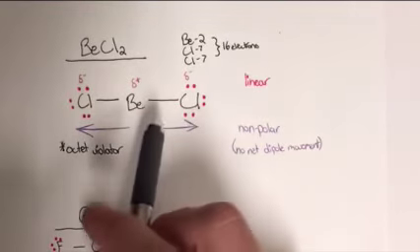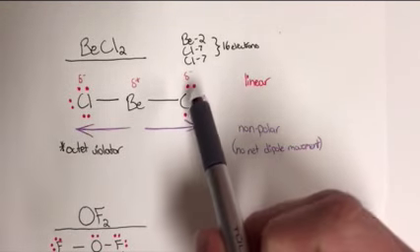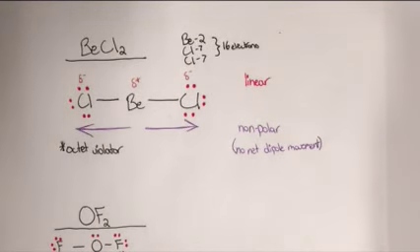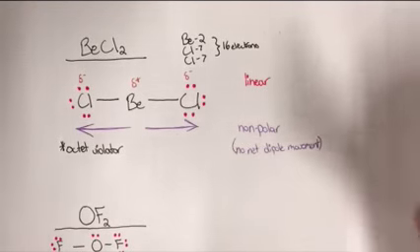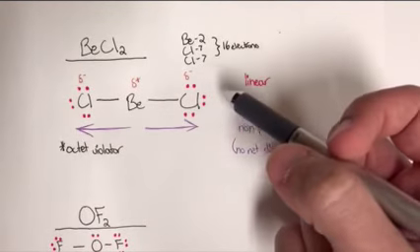So then we go into the bonds, and we know that chlorine is more electronegative than beryllium, and we can do this by consulting the periodic table: chlorine is more to the right on the same row as beryllium. So for that reason, it has a higher electronegativity.